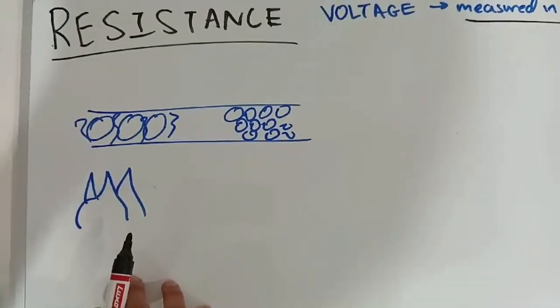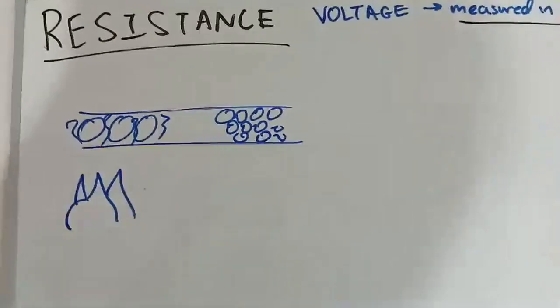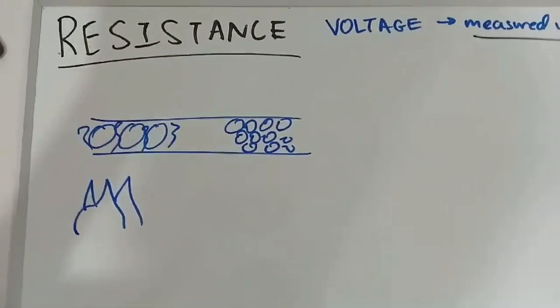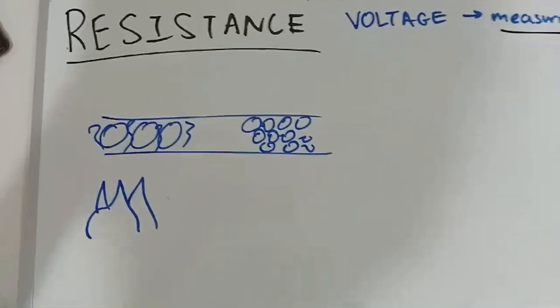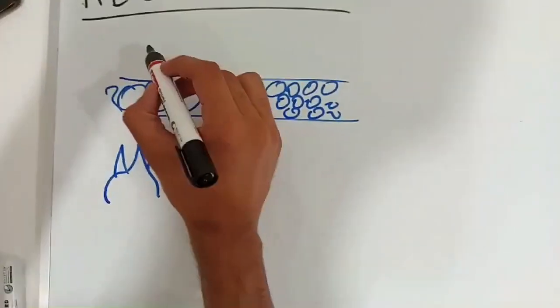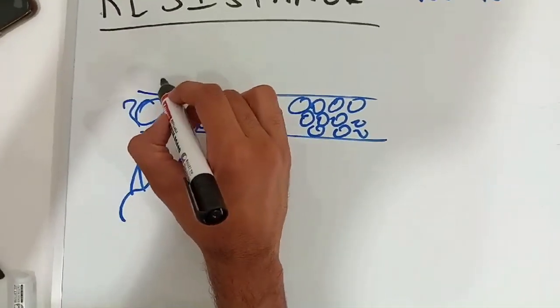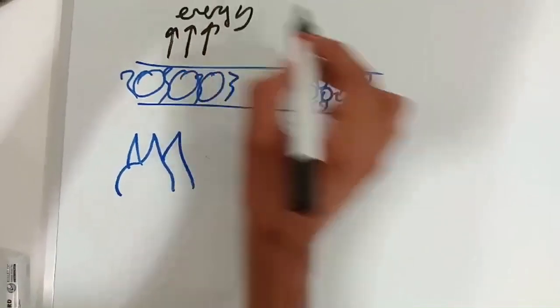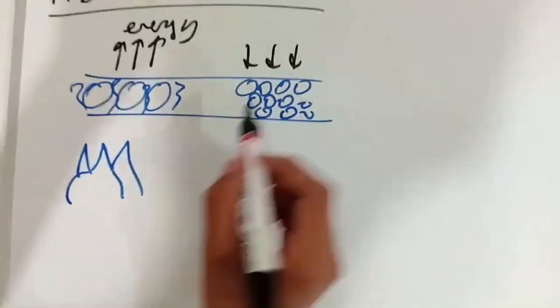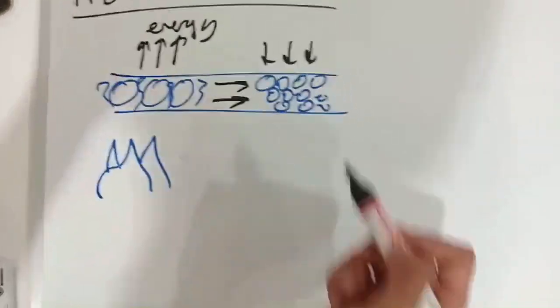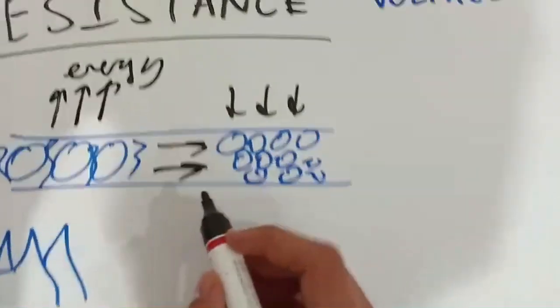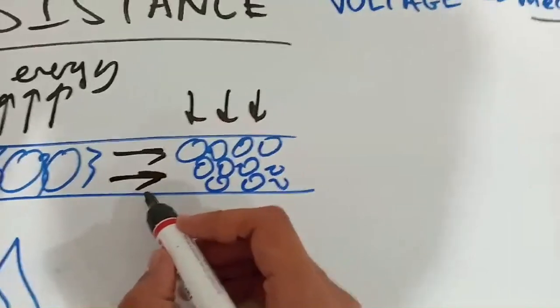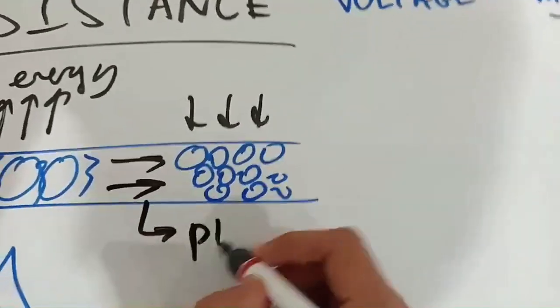Now coming back to my analogy of creating a potential difference with heat, we know that this place has high energy, right? And this place has low energy. And so energy is going to transfer. But let's say that whatever this rod is, let's say it's a plastic rod.